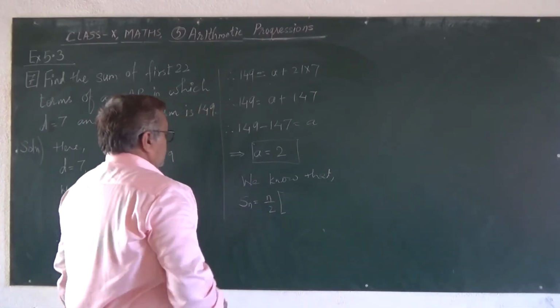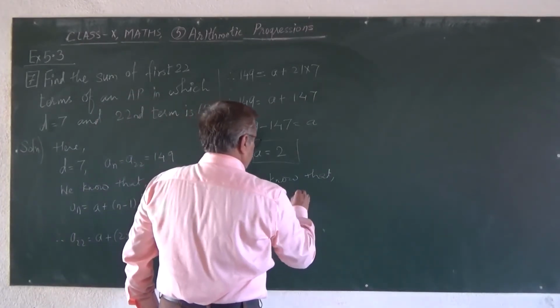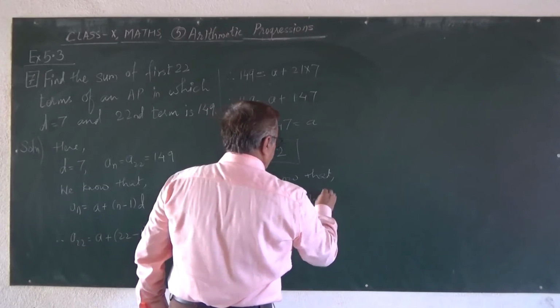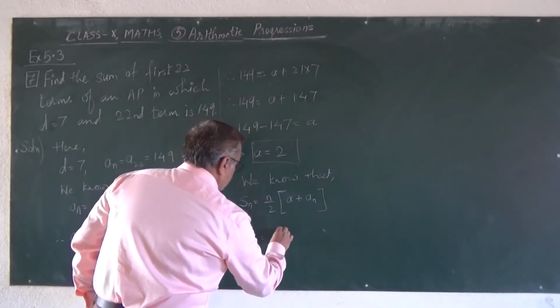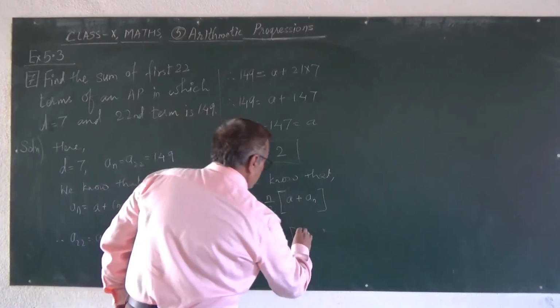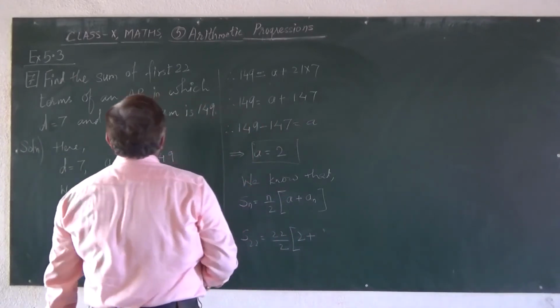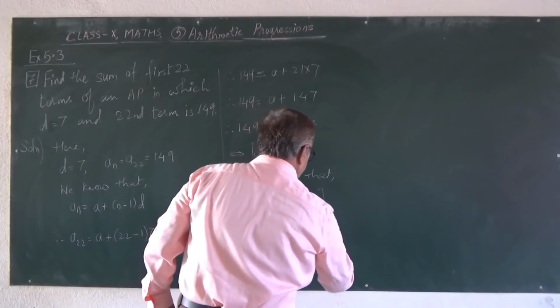So it is n by 2 times first term plus last term. So 22 by 2. The first term we calculated is 2, and our last term has value 149.